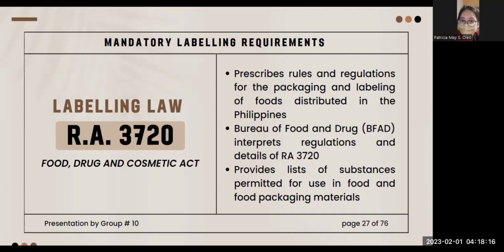For example, kapag bumibili kayo sa mga groceries, supermarket, o sa mga iba pa, of course, yung unang titignan ninyo yung label ng bibilhin ninyo. Yung pinaka-information. So, titignan nyo kung kailan yung expiration date, kung saang bansa galing yung pagkain na yun, or kung ano man yung bibilhin ninyo. So, tinitignan nyo yung information na meron sa mismong product na yun. So, ganun kahalaga yung label. So, dapat lahat may label.